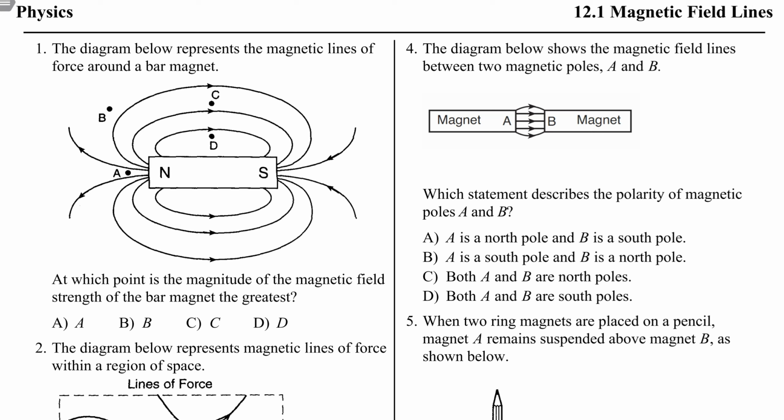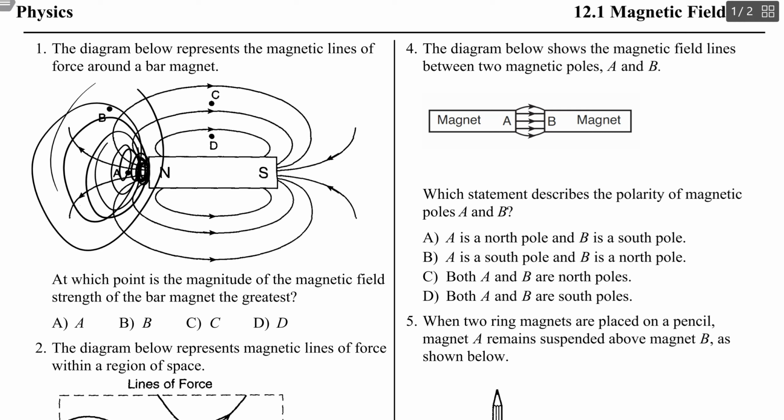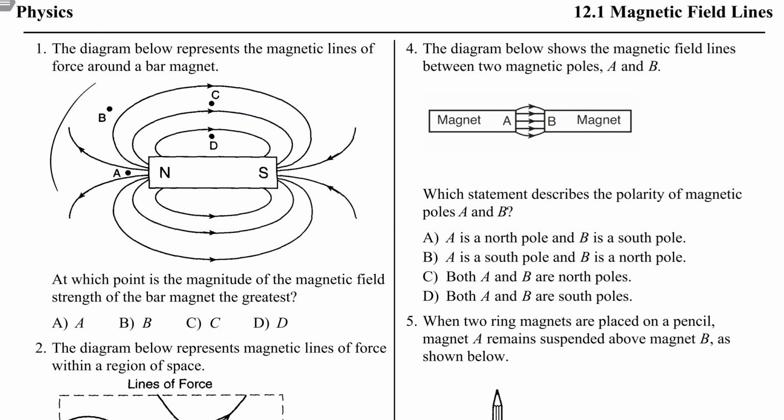It's a region, so the magnetic field is everywhere, but it's hard to draw a whole region. You would have to shade in darker here, and then it gets lighter as you go out. That's kind of difficult to do. Not everybody's an artist, so they came up with this way of drawing magnetic field lines to represent that field and how it's stronger where the lines are closer.